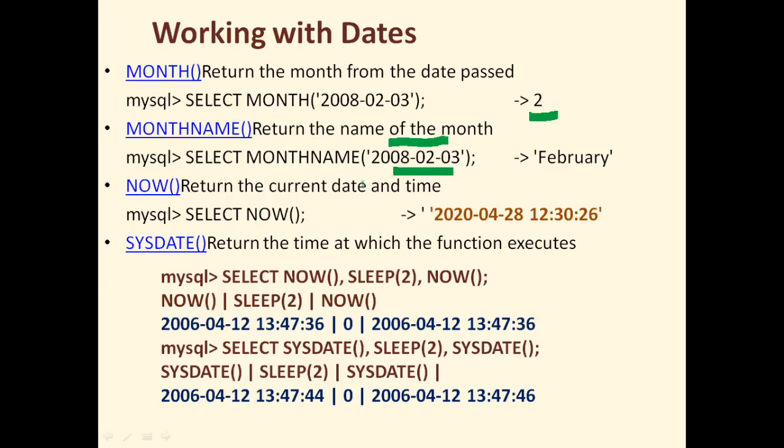Then now returns the current date and time, and similarly sysdate also returns the date and time from the system. There is a small difference between now and sysdate, and the difference is that now takes the value just before the execution of the command.